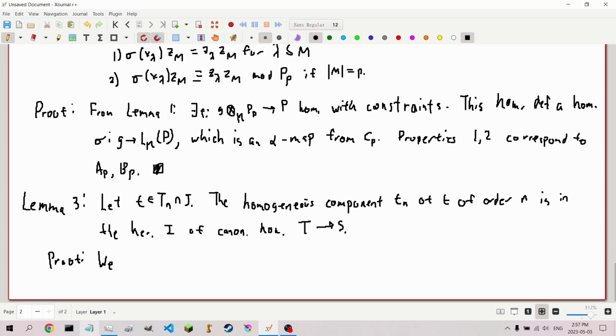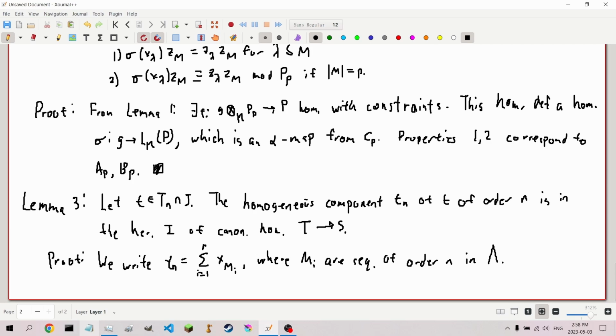So we will write this component Tn as the sum, where the index goes from 1 to r, of x, sequence i's, where mi are sequences of order n inside of r, lambda.